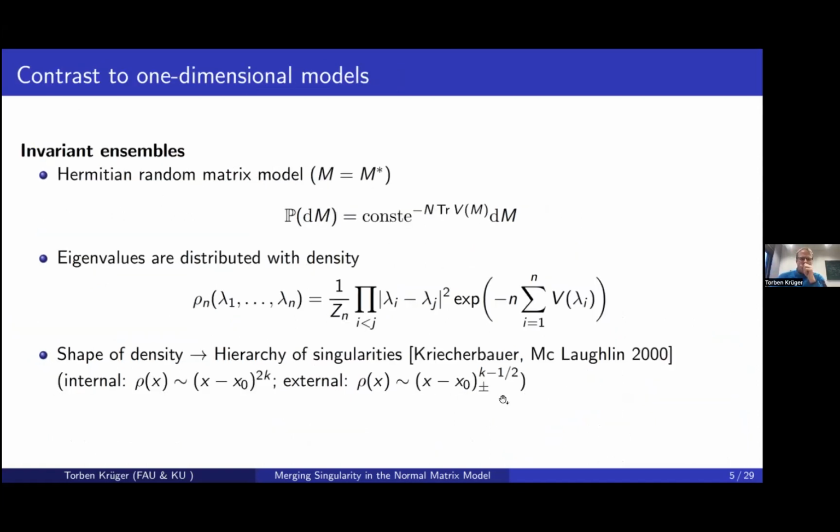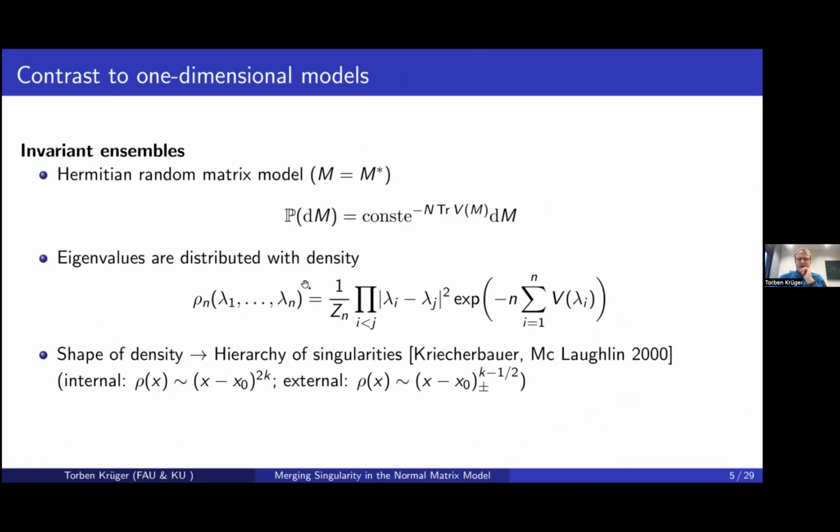Okay, so briefly, I will mention the contrast to one-dimensional models, where much more is known than in the two-dimensional setup. So you can also consider the same completely analogous setup for one-dimensional cases. In this case, you can, for example, look at random matrices that are self-adjoint with this kind of Gibbs factor in front of the measure.